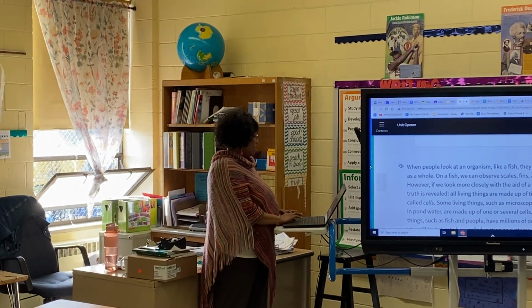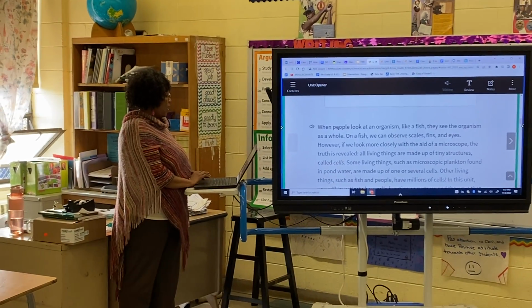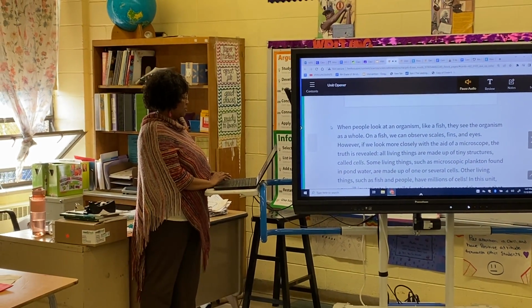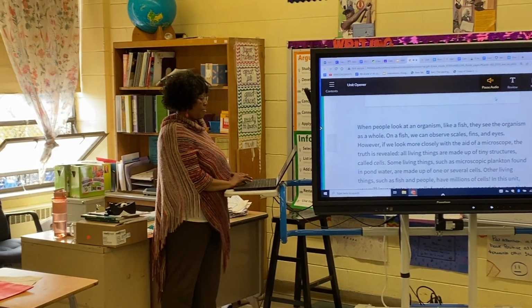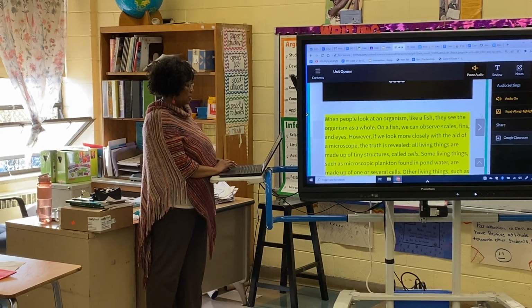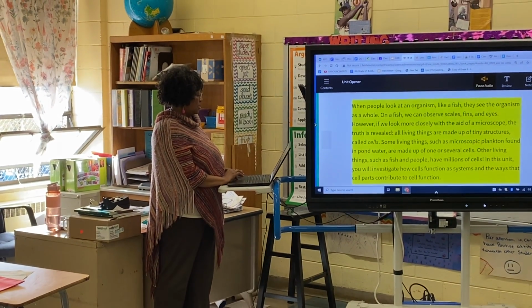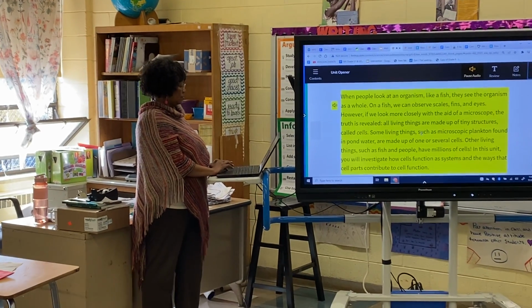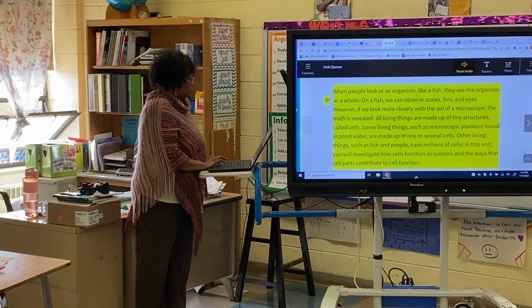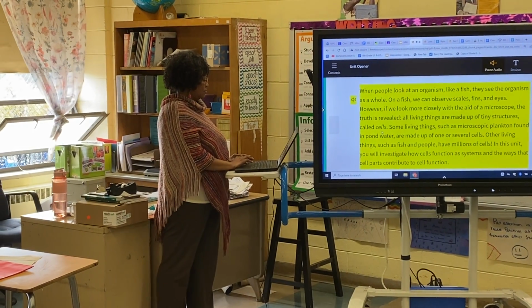When people look at an organism like a fish, they see the organism as a whole. On a fish, we can observe scales, fins, and eyes. However, if we look more closely with the aid of a microscope, the truth is revealed. All living things are made up of tiny structures called cells.